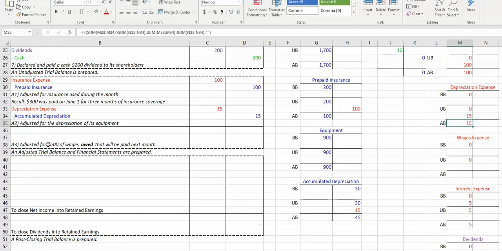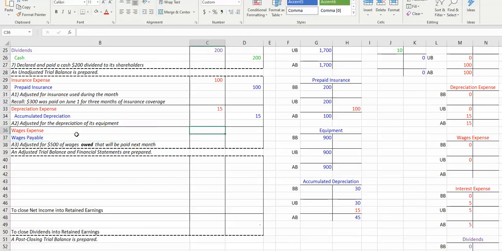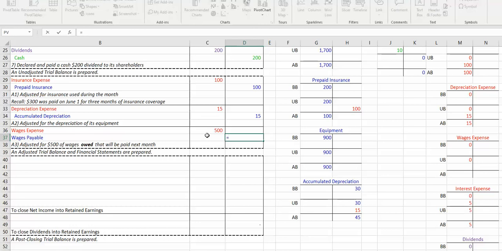And the last one we have is we owe $500 for wages. You record the expense in the period you got the service, even though you're not paying. Instead, what we're doing is giving an IOU, wages payable. And we'll post that. And then after doing that, we're going to do another trial balance.